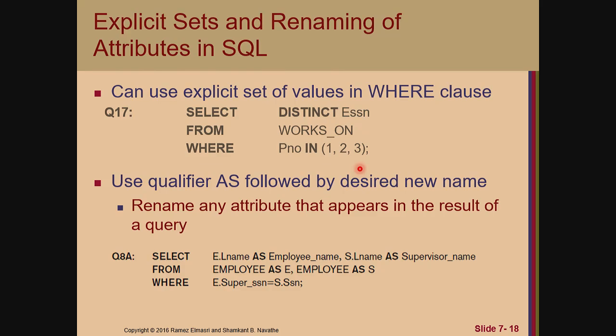But you have to understand that the set from the command has to be union compatible, or the same domain as the P&O. If not, you cannot compare the P&O with the SSN. You cannot compare P&O with the name of the person, for example. So the inside of the set, if you use IN, has to have a domain equal to the outside one. Okay.